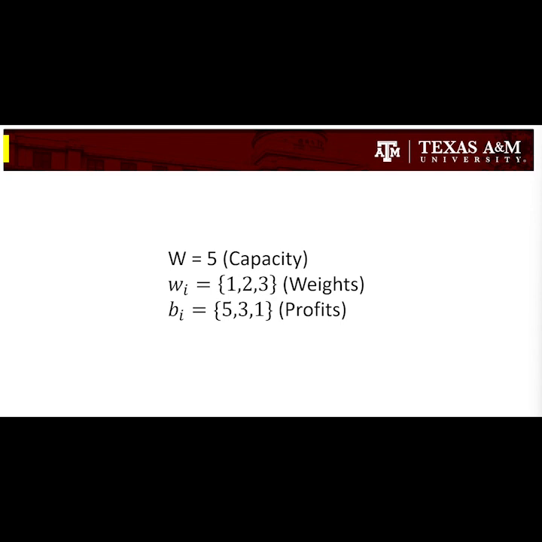If we have a knapsack with capacity 5, and the weight of each item is 1, 2, 3, respectively, and the profits for each item are 5, 3, 1, what we'll see is how we can use dynamic programming to solve this problem, but also how we can reduce this problem into a shortest path problem, for which we will apply a ranking procedure by Katta Murty and Eugene Lawler that was presented back in the 1960s and 1970s.